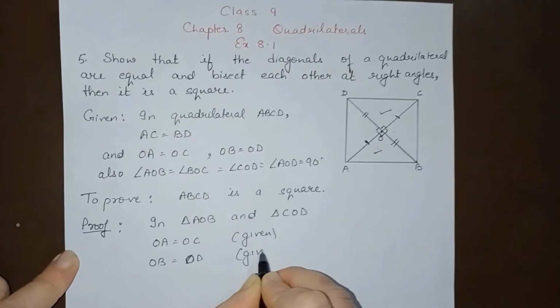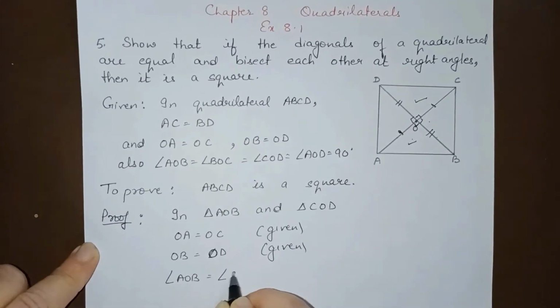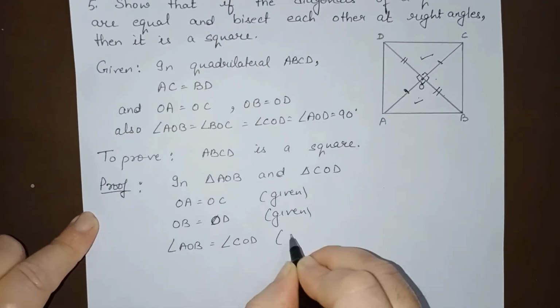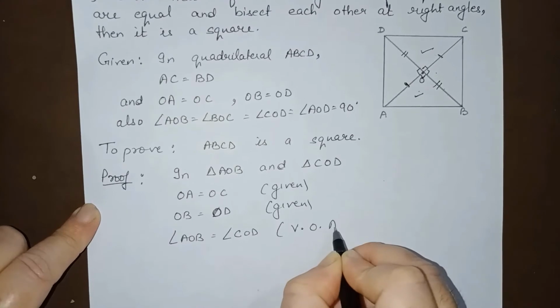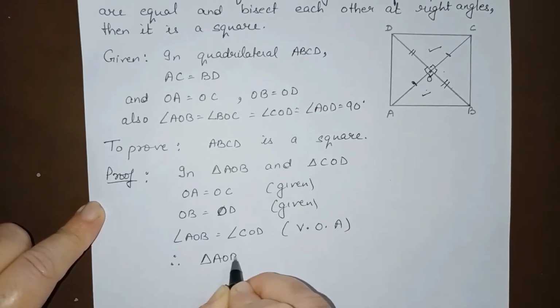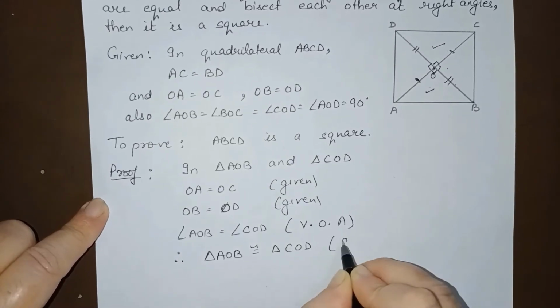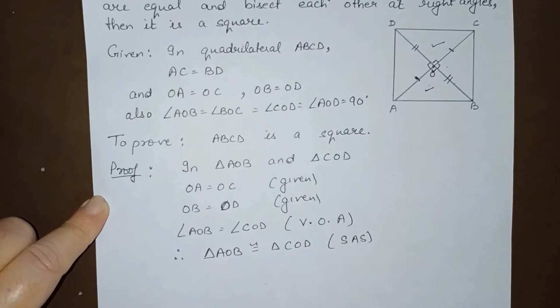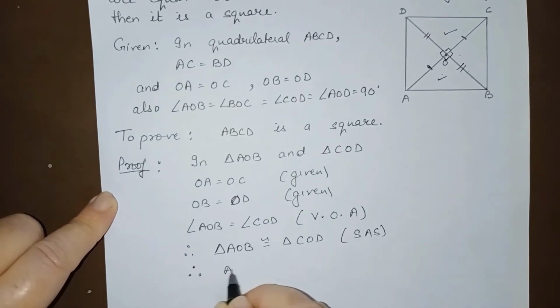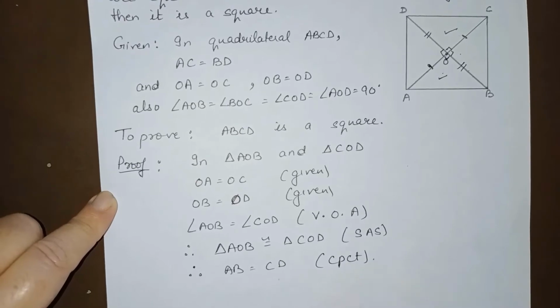This is also given. Angle AOB is equal to angle COD. This is vertically opposite angles. So therefore, triangle AOB is congruent to triangle COD by SAS, and therefore AB is equal to CD by CPCT.